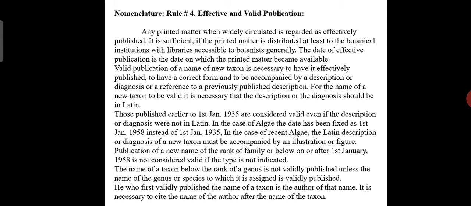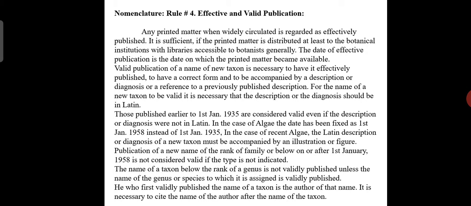Those published earlier than 1st Jan 1935 are considered valid even if the description or diagnosis was not in Latin. In the case of algae, the date has been fixed as 1st Jan 1958 instead of 1st Jan 1935.